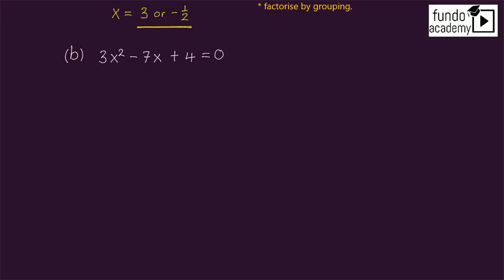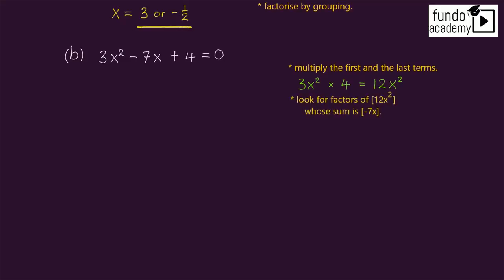The first thing I do is I multiply the first and last terms, and then I'll be having 3x squared times 4. That gives me 12x squared. And I look for factors of 12x squared, whose product is 12x squared, and whose sum is the middle term, which is negative 7x. I do that by trial and error.